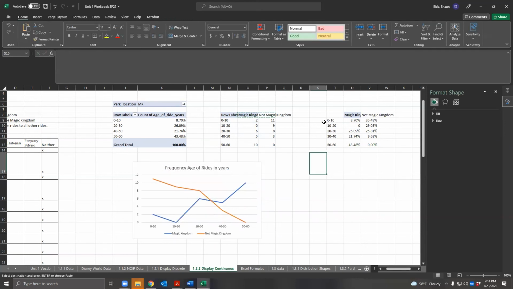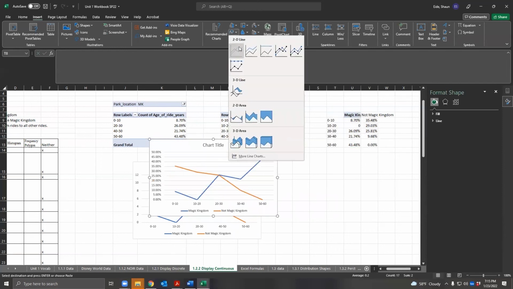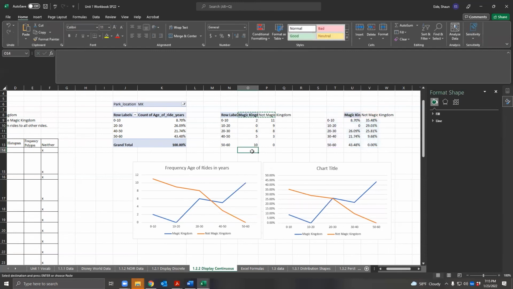Okay. And so this relative frequency polygon is much better, in my opinion, because it shows the relative amount of rides, how old they are compared to everything else. And so I'm going to once again insert the relative frequency polygon, and you'll notice it's pretty much the same, but the reason why is because equals sum. These are both the same, or similar rather.